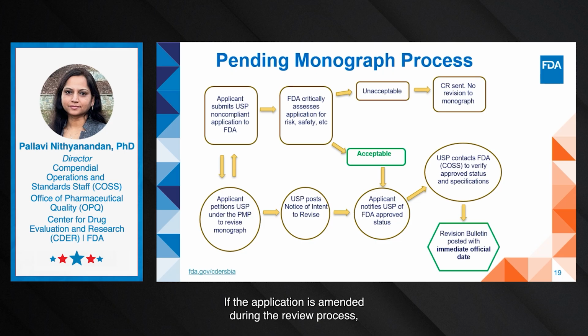If the application is amended during the review process, it is the manufacturer or applicant's responsibility to inform USP of changes needed to the notice of intent to revise. At the time of approval, the notice of intent to revise should be consistent with what's being proposed in your original application or supplement.